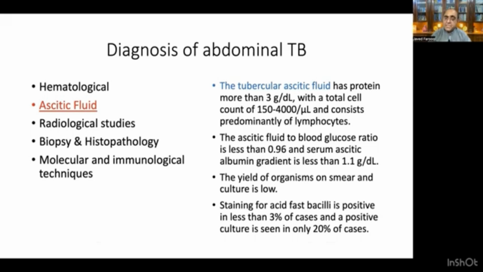So absence of bacilli on staining or absence of growth on culture will not exclude abdominal tuberculous ascites. Therefore, mostly we depend upon the protein levels, the WBC and lymphocytic count, the ascitic fluid to blood glucose ratio, and the serum ascites albumin gradient.